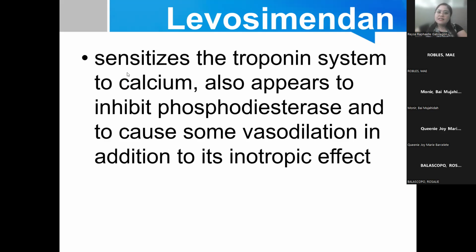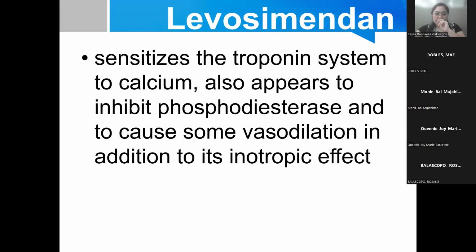This one sensitizes the troponin system. It's a system in the heart muscle itself that needs calcium to contract. Okay? So if this sensitizes the troponin system to calcium, the more calcium you have there, the more sensitive the heart muscle becomes, and it helps in contraction.